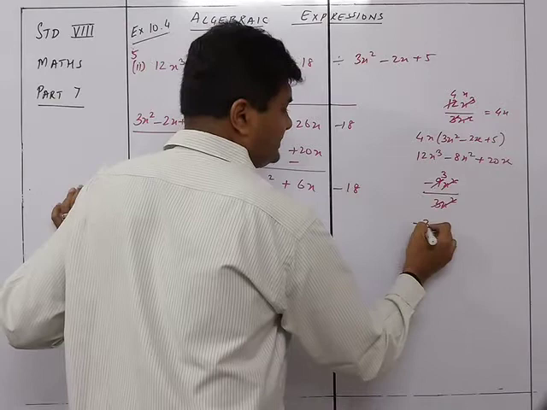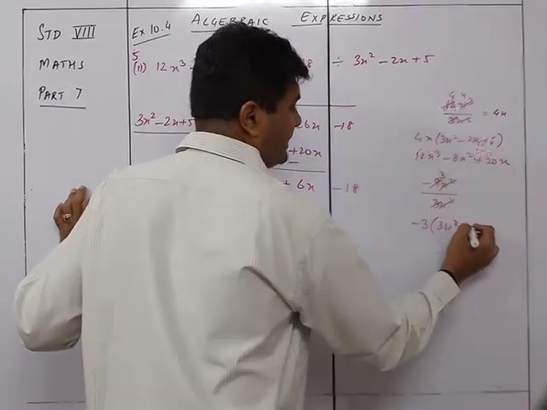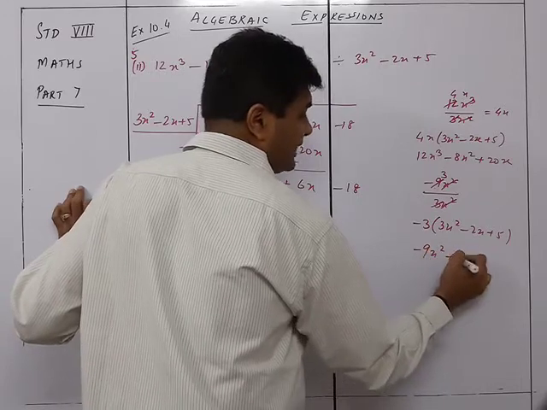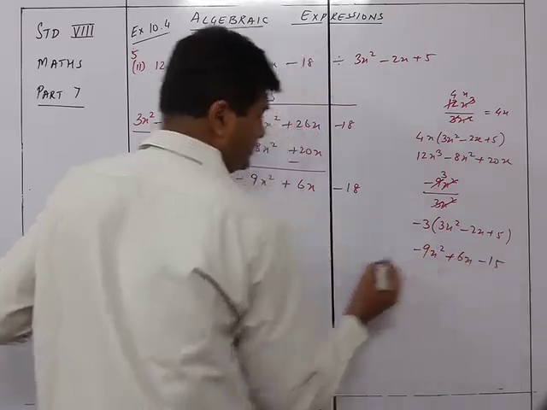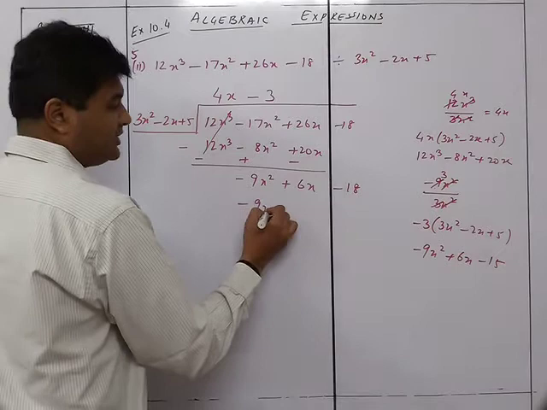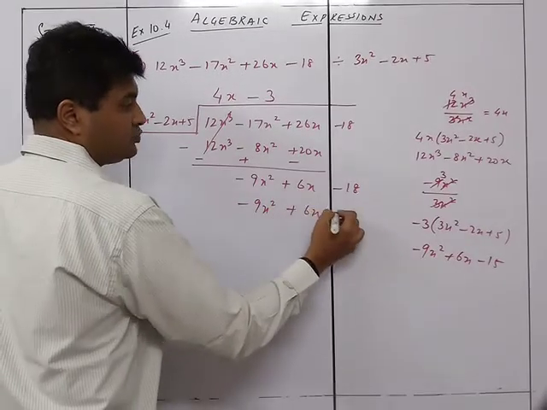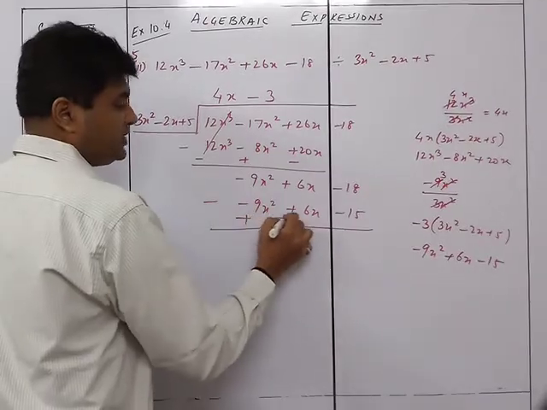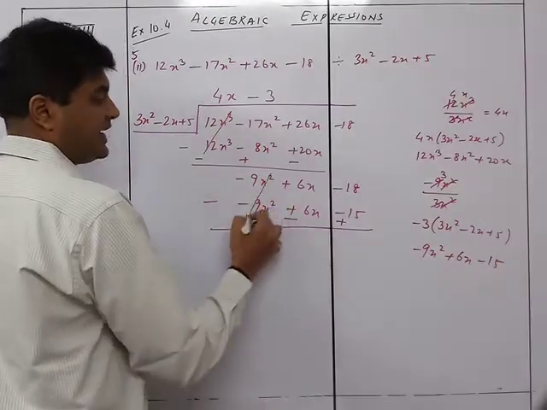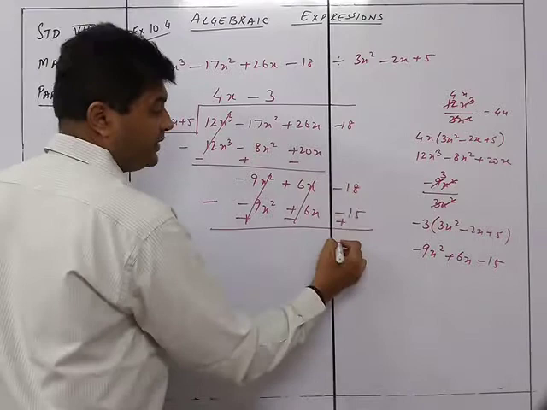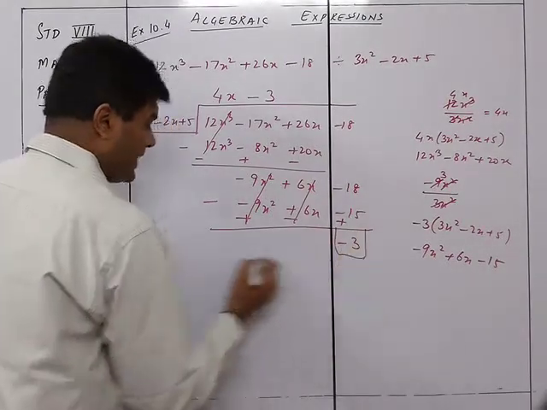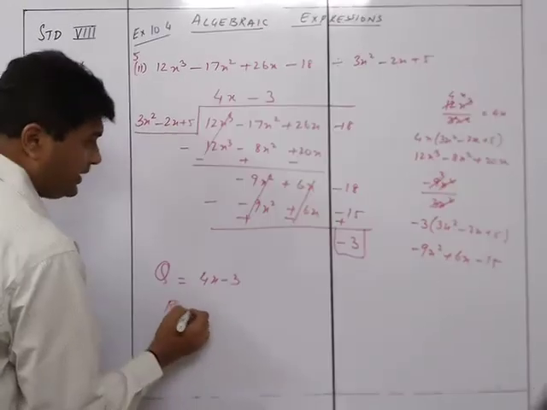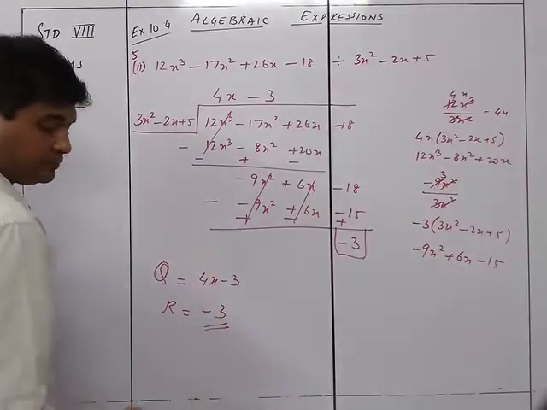So this is minus 3 into 3x square minus 2x plus 5. So it's minus 9x square plus 6x minus 15. Minus sign, so signs change. This cancels, and over here is minus 3. So you get quotient equal to 4x minus 3 and the remainder is minus 3.